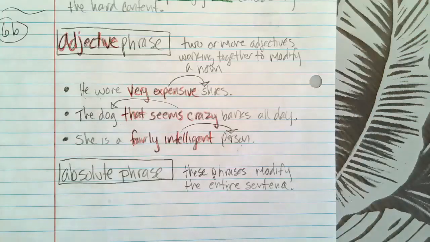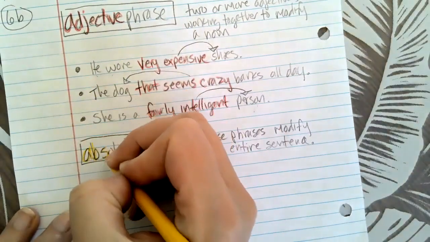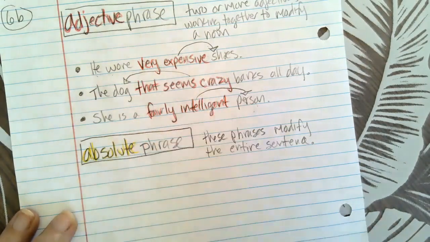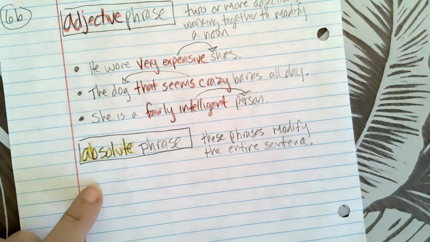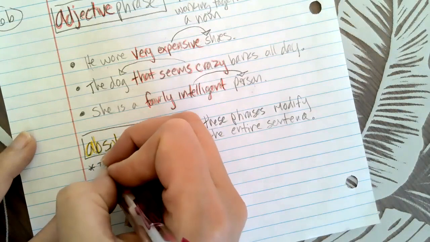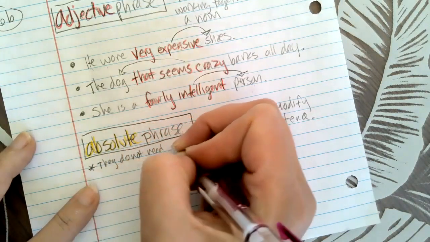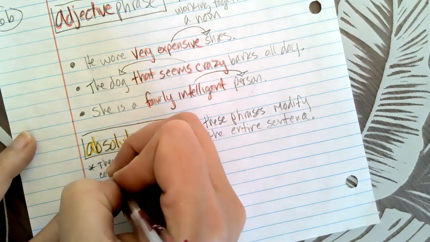We're going to use yellow for this. So let's go over absolute in yellow. And the thing about absolute phrases is that they have a couple of things that we need to keep in mind. They do not need a coordinating conjunction, which is a connector word. So we'll just do a little asterisk right here and say, they do not need a connector word.